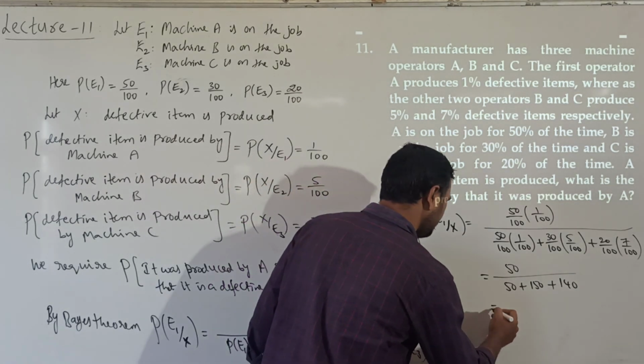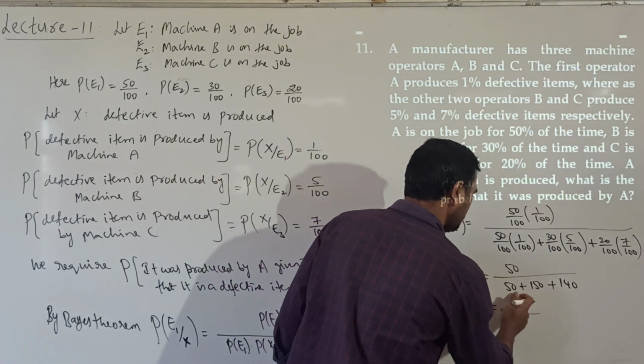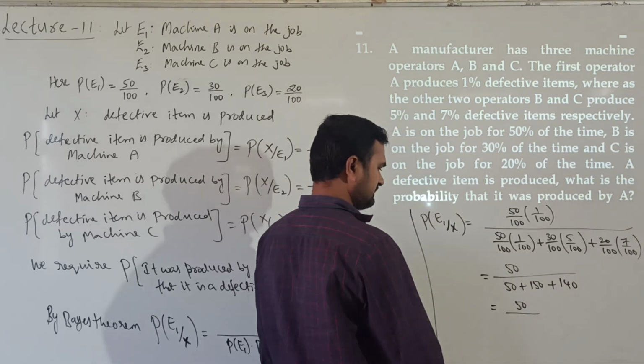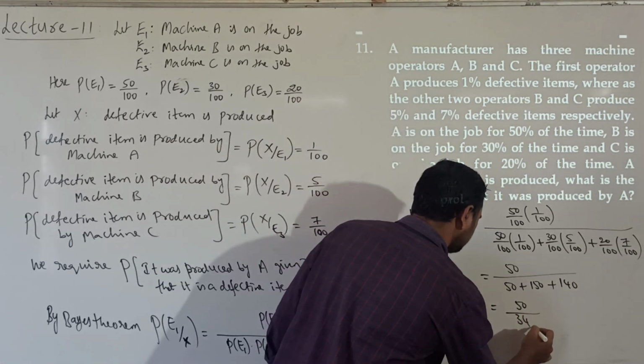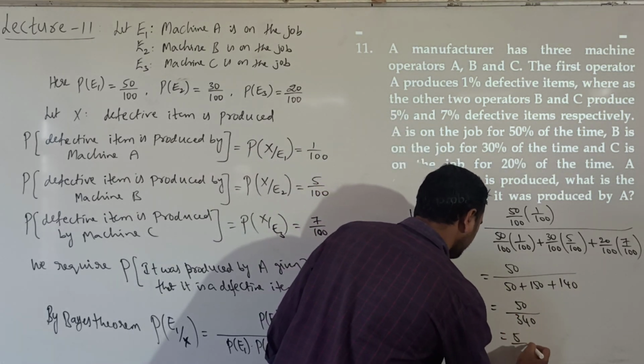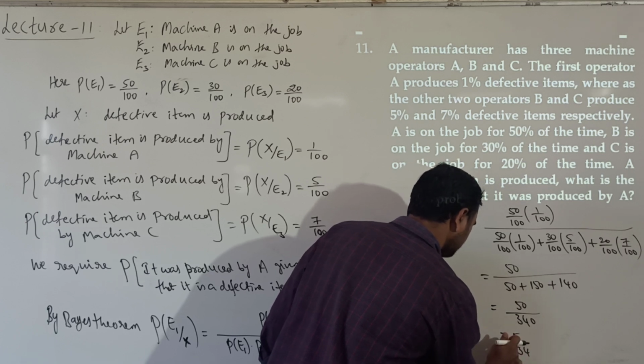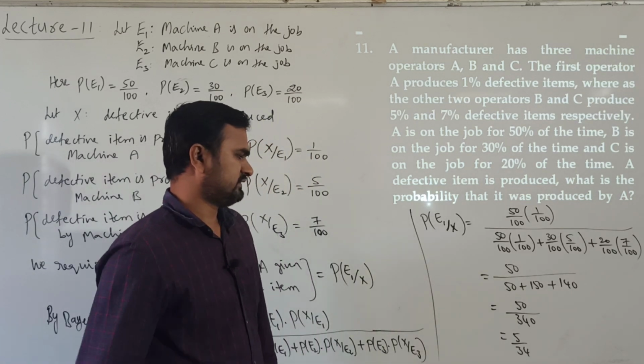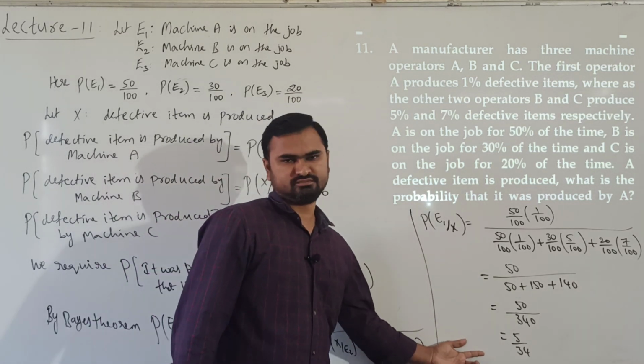So it is 50 by 200 plus 140, 340. So the answer is 5 by 34. The required answer is 5 by 34.